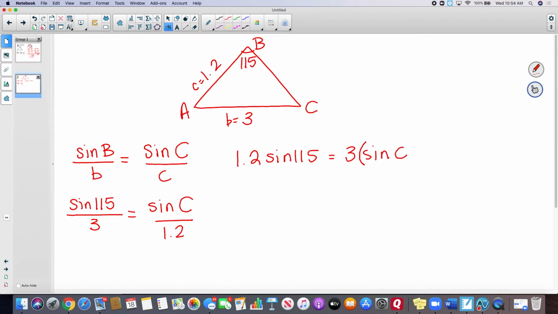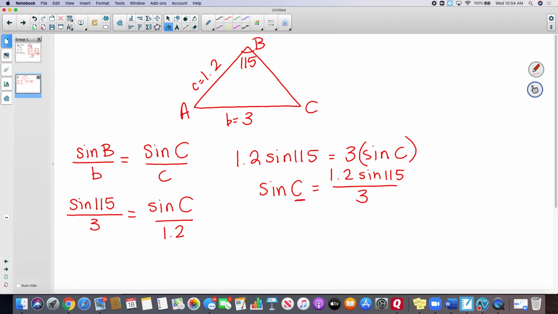And remember, sine c is one thing, okay? So you can't divide by sine. That's not a thing. You're going to say sine c equals 1.2 sine 115 divided by 3.